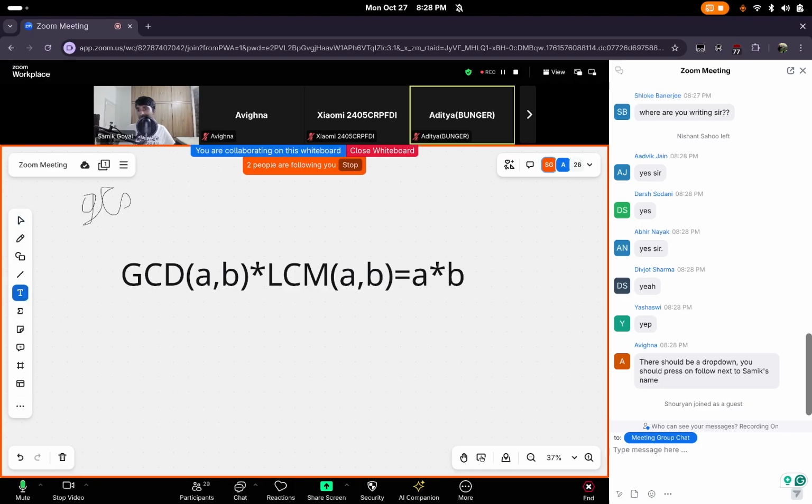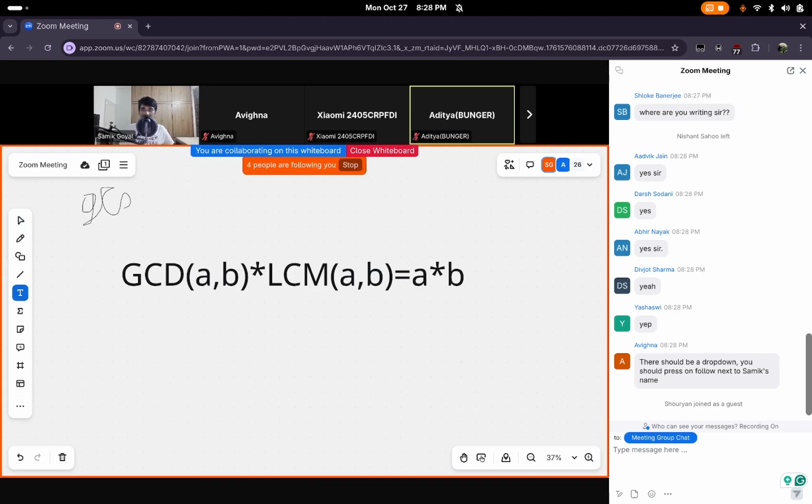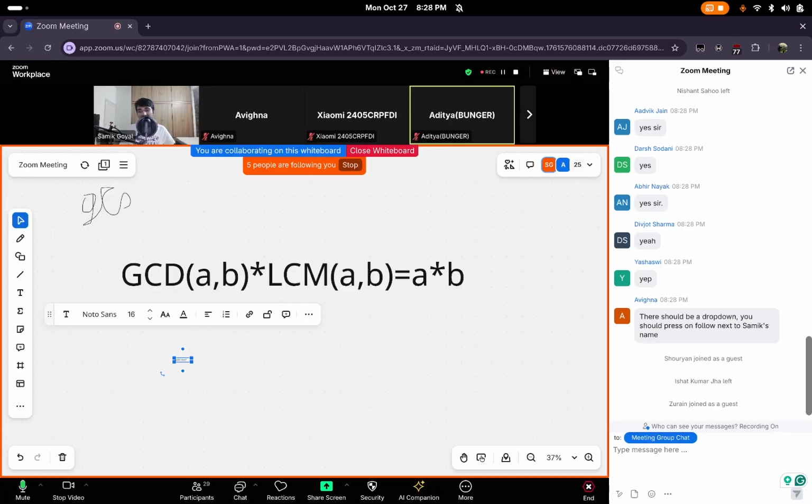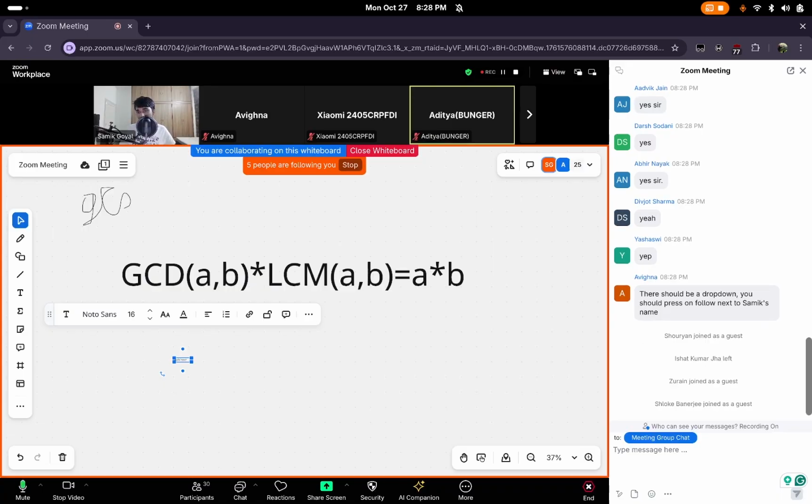So the first identity, this is used in Euclid's algorithm, which is also used in calculating GCD in general.